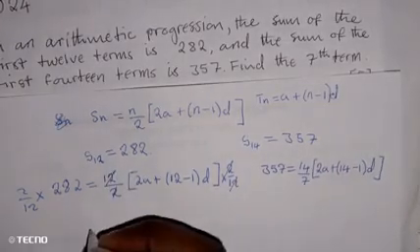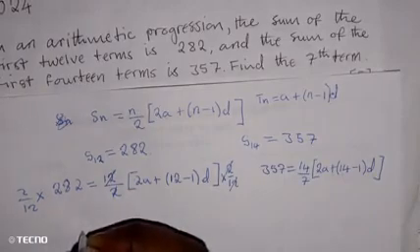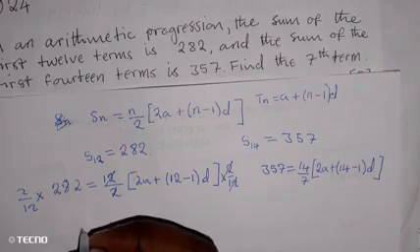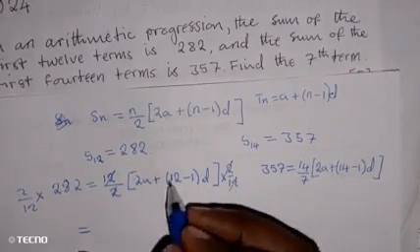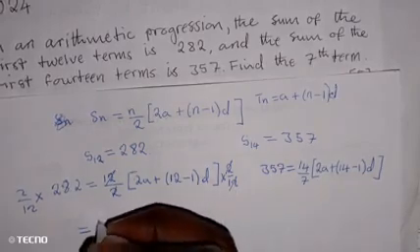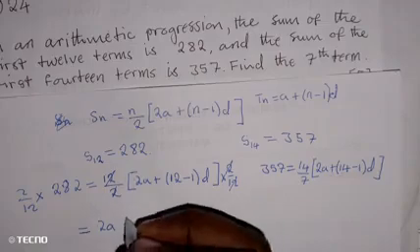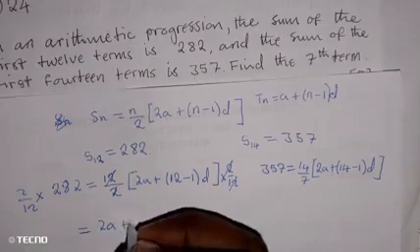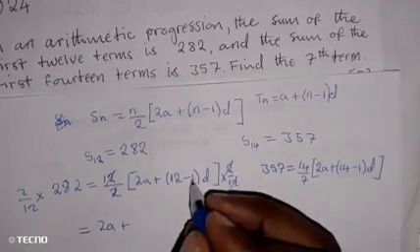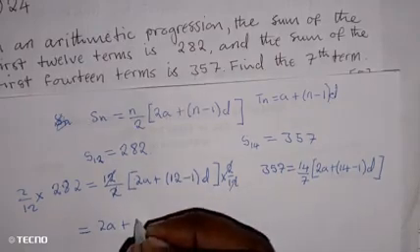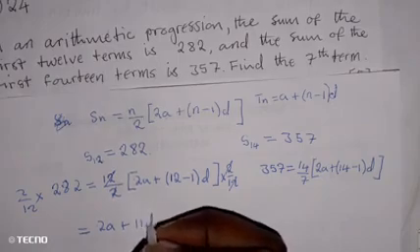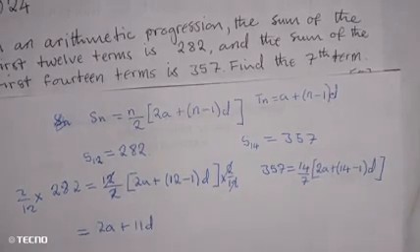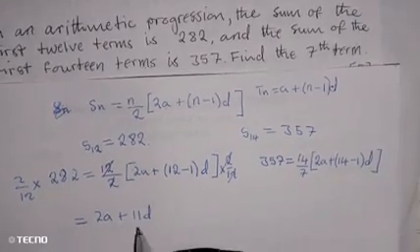So what are we going to remain with here? We are going to have 2a plus 12 take away 1, which is 11d, on this side.